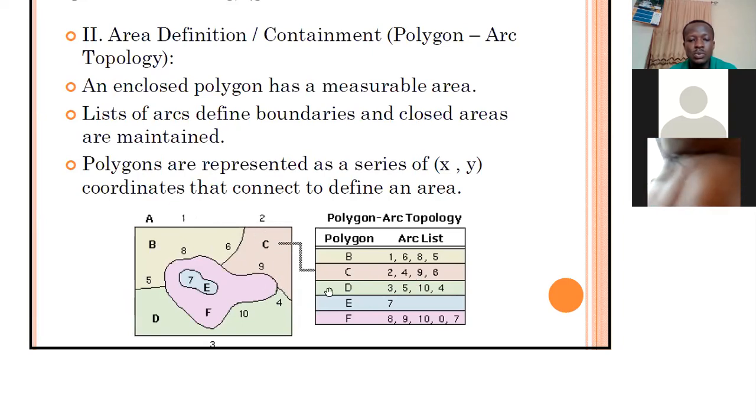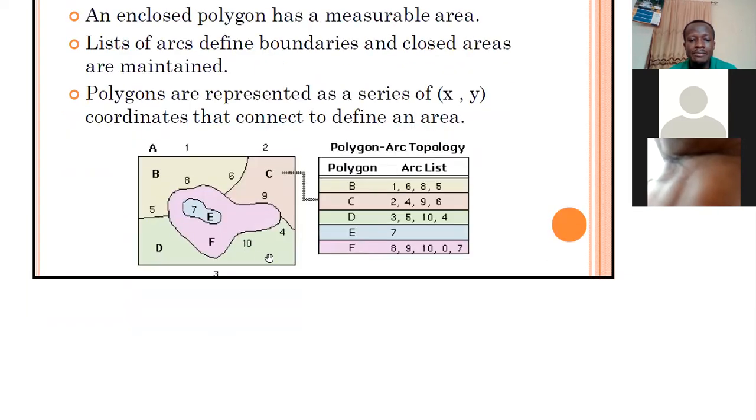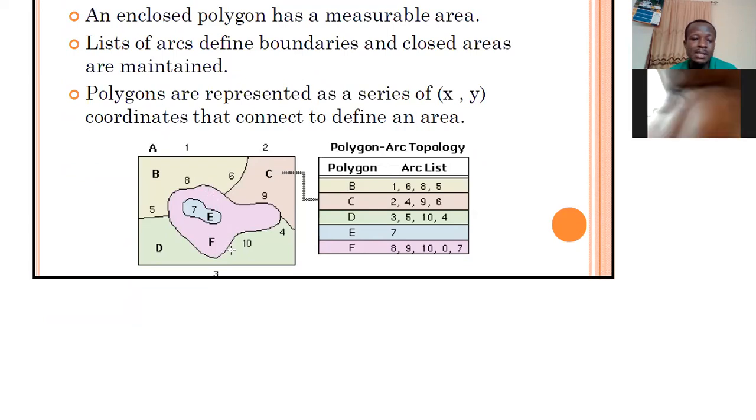Polygon F is the middle one, made up of arcs 8, 9, 10, 0, and 7. I don't know where the 0 is coming from, but obviously every single arc that forms part of the polygon should be counted.